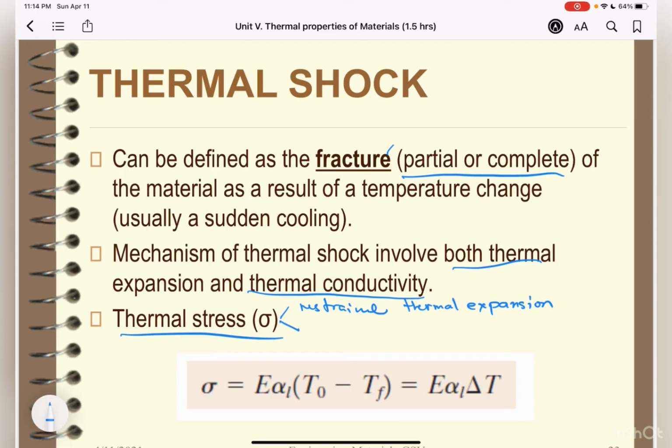So this one is the temperature gradient. It's either sudden cooling or sudden heating. So thermal shock is the fracture of a body resulting from these thermal stresses.